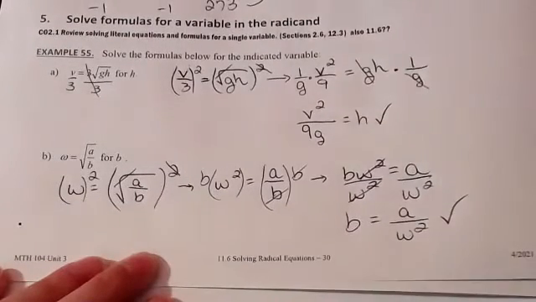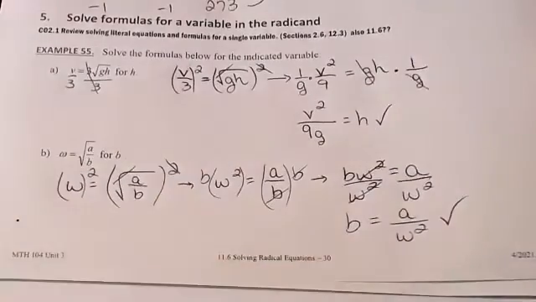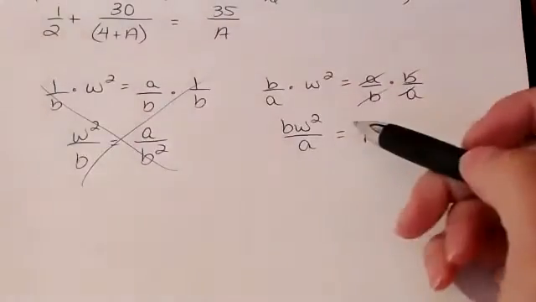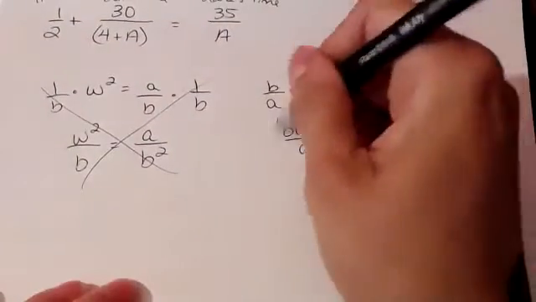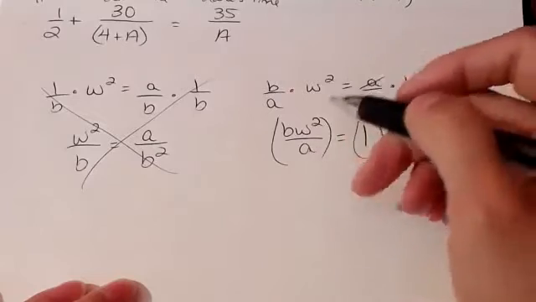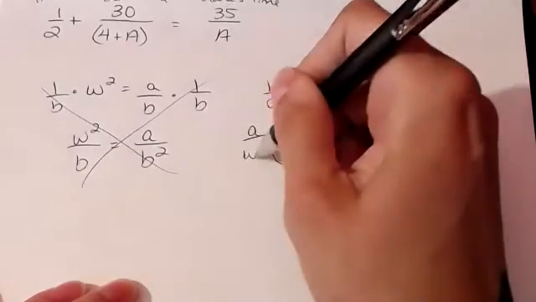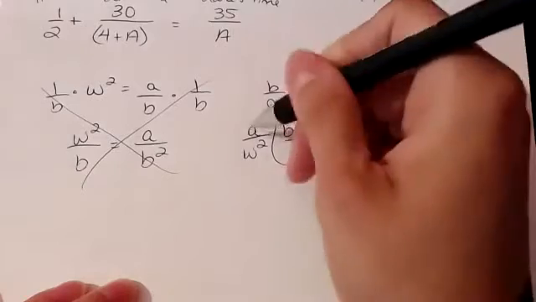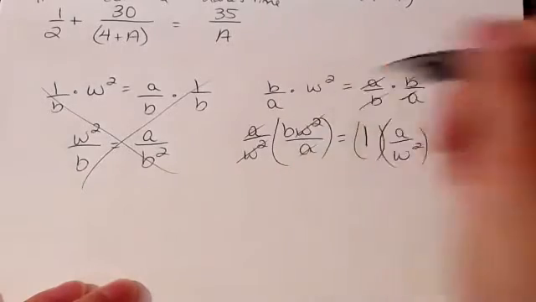If we wanted to stick with multiplying by the reciprocal, I'm just going to move this for a moment to show you how we would solve this one. We could again multiply both sides by the reciprocal, but just of this piece. So we would multiply by A over W squared. In which case you see the A's cancel and the W squareds cancel.